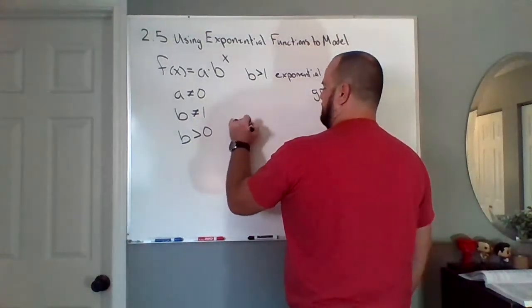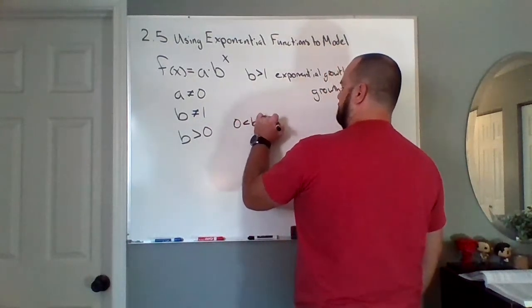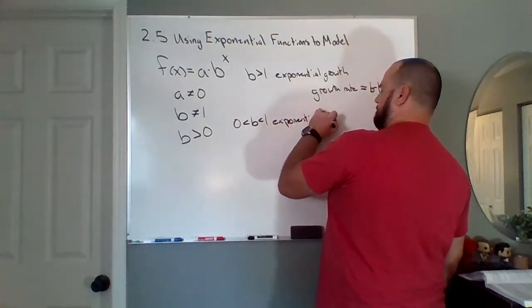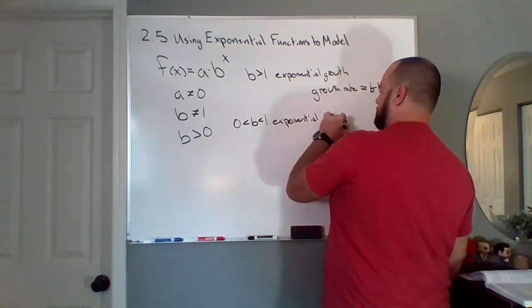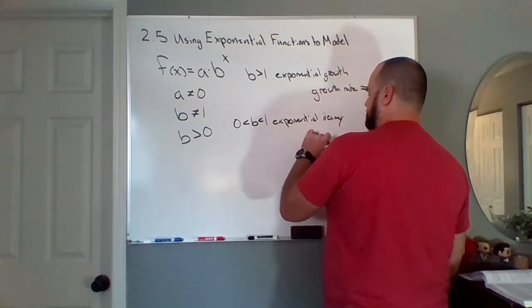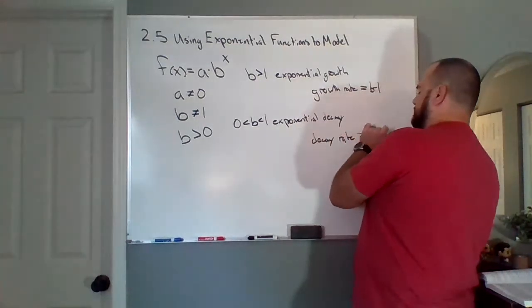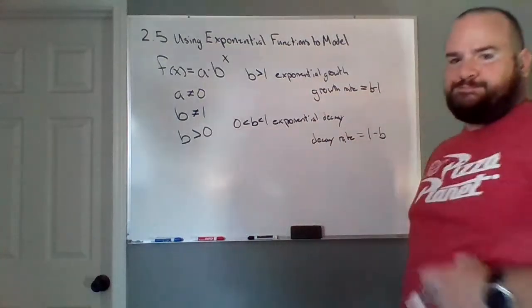And then if 0 is less than b is less than 1, we have exponential decay, and our decay rate is equal to 1 minus b.